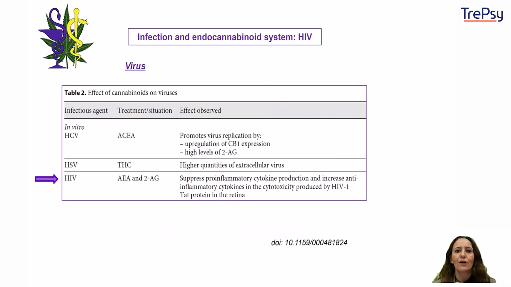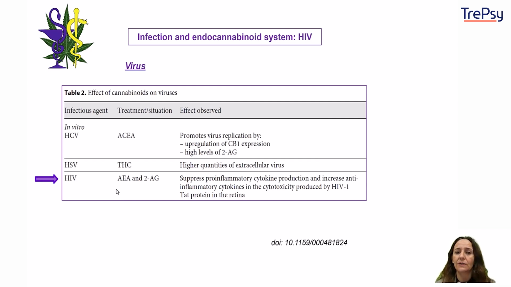Very important. For HIV, if we have a look at this graph here, we can see that endocannabinoids can suppress pro-inflammatory cytokine production and increase anti-inflammatory cytokines in the cytotoxicity produced by the virus. But though we do not desire a pro-inflammatory response, because this is not good for us, it is important to maintain it in order to clean up the virus.